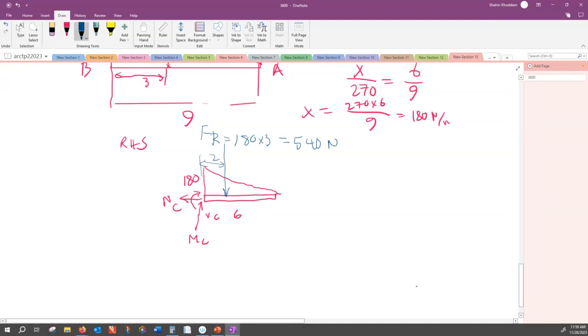Starting with net rotation at C equal to 0. That would get rid of NC and VC, but MC is in a negative direction, minus MC. And FR makes my system rotate in a negative direction, minus 540. And what is the arm of rotation?